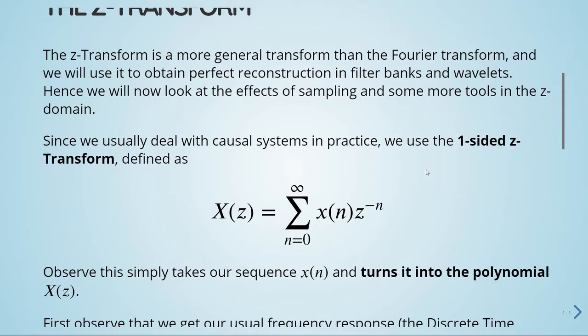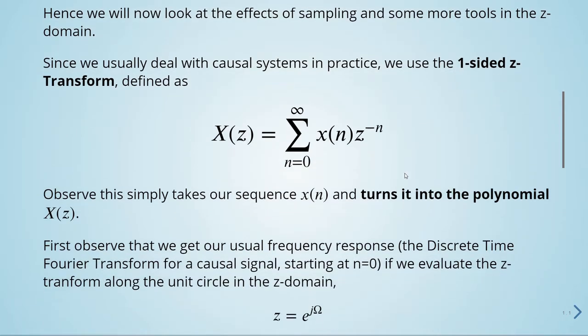So observe that this simply takes our sequence x of n and turns it into the polynomial x of z. So this is very interesting about the Z transform, that it turns a sequence into a polynomial, and we have many tools that we can use with polynomials.